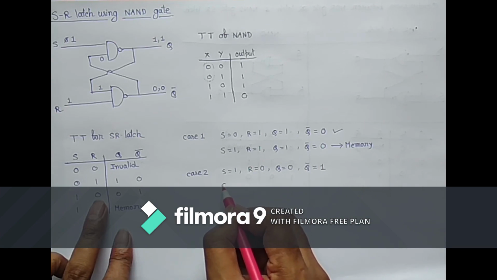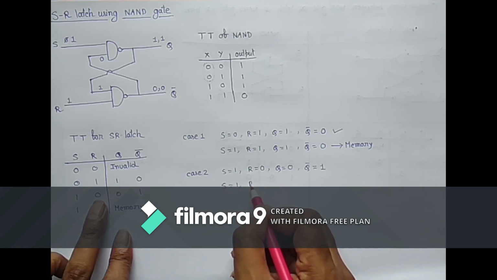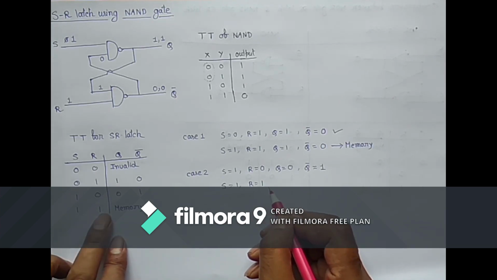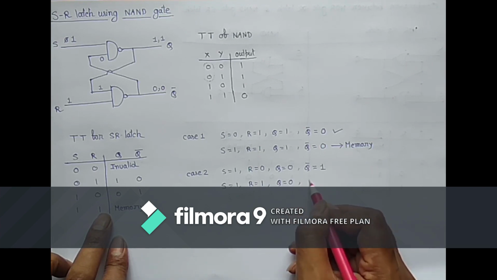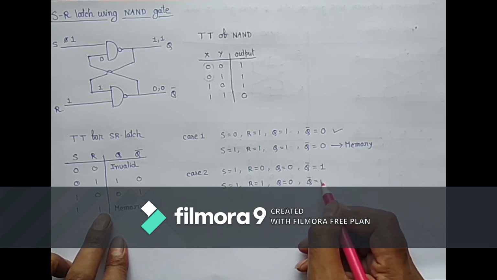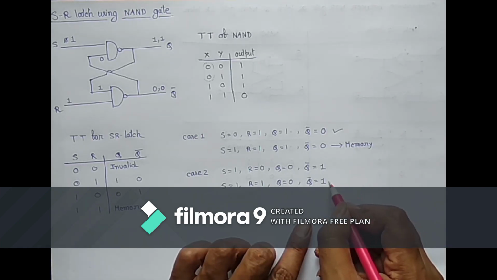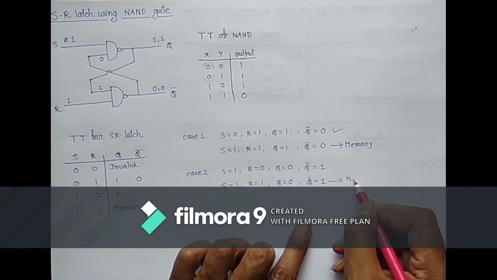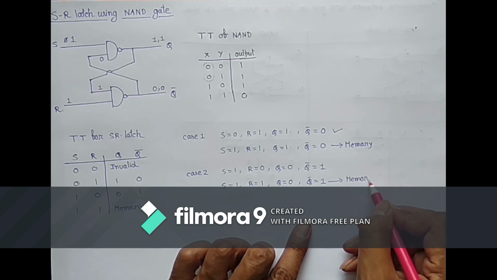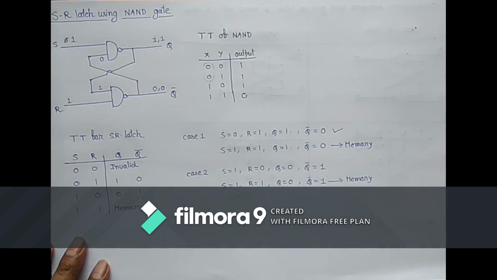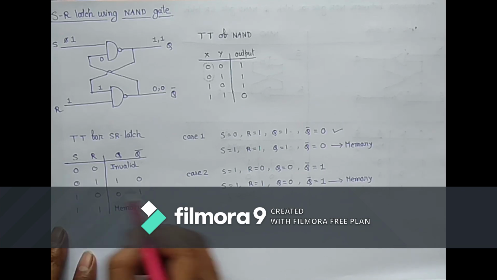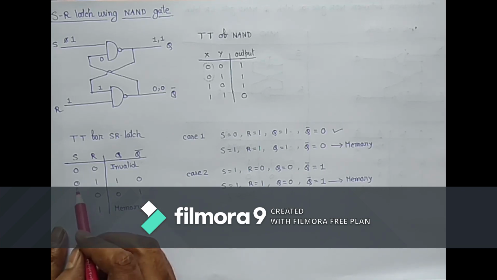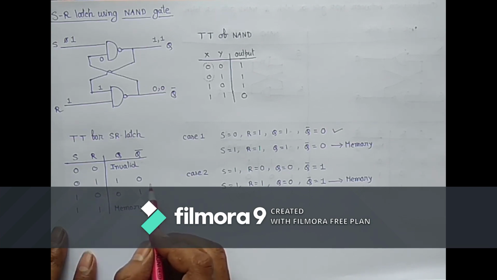Again you can check that for S equals to 1, R equals to 1, Q remains same as before and Q bar also remains same as before. That means this state behaves as memory. Clear? That means we have proved that 0 1 gives the output 1 0, 1 0 gives the output 0 1, and 1 1 acts as memory.